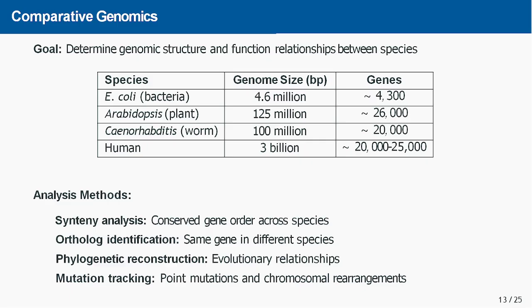The genome size in E. coli is 4.6 million base pairs, in plant it is 125 million, but in human being it is 3 billion. So we have 3 billion base pairs and approximately 20,000 to 25,000 genes in human being.